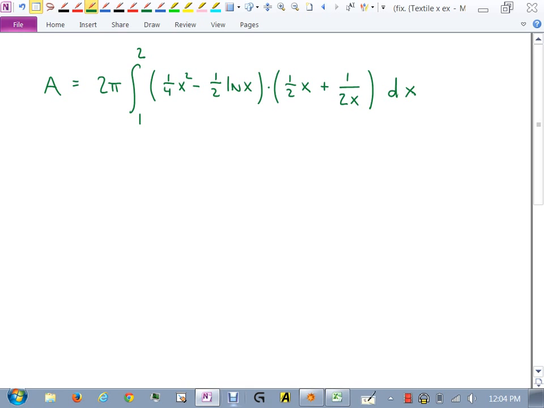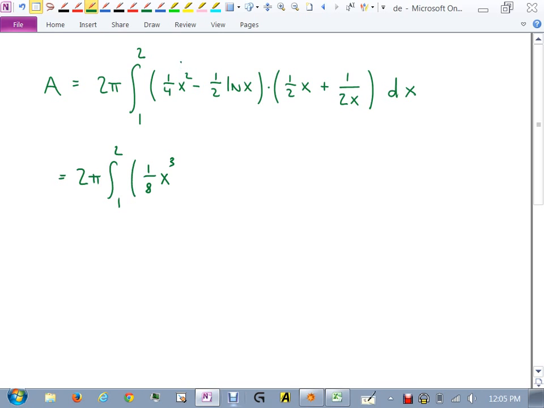We've got it. It's going to happen. Okay, I'm going to take this one all the way. So I'm going to expand this out. This is 4 terms, right? What's 1/4 x squared times 1/2 x? So it equals 2 pi integral 1 to 2 of 1/8 x cubed.